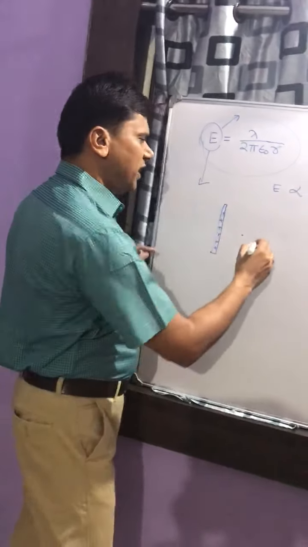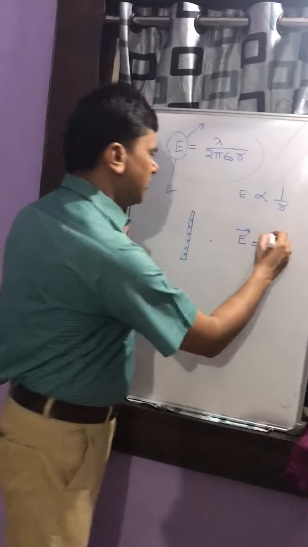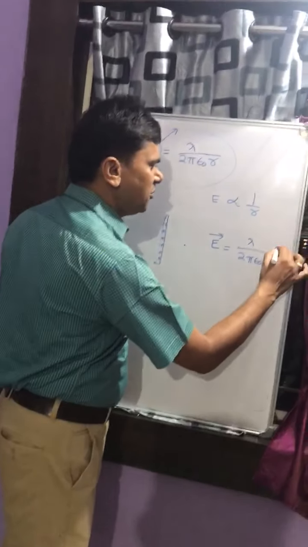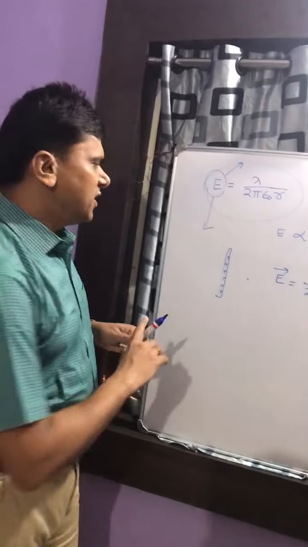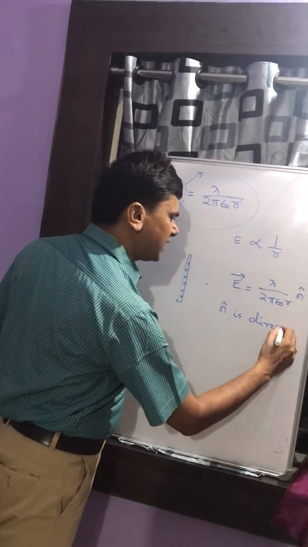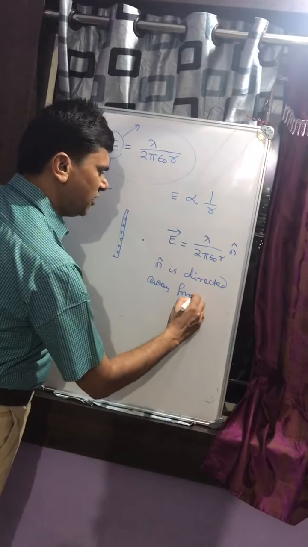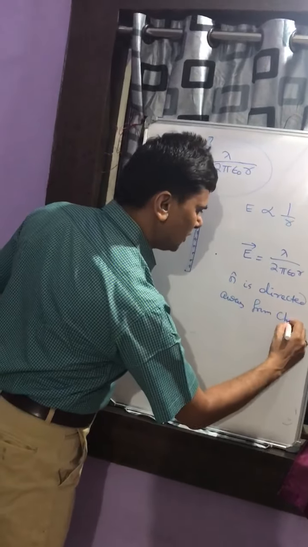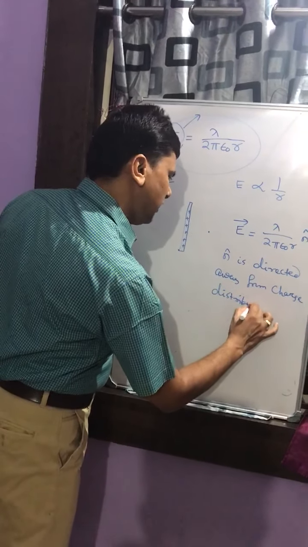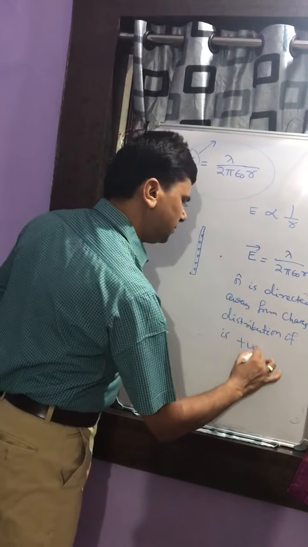Another point is that if you are interested in the vector electric field, then it will be simply lambda by 2 pi epsilon 0 R with a unit vector n cap. This n cap is directed away from the charge distribution if it is positive.